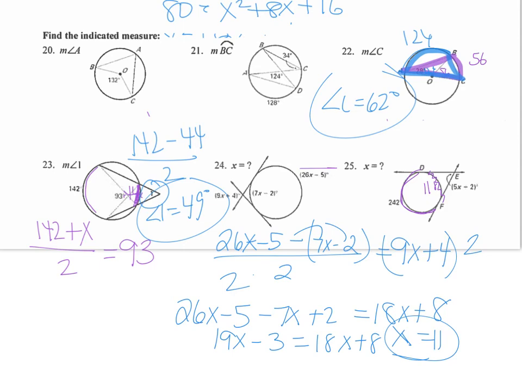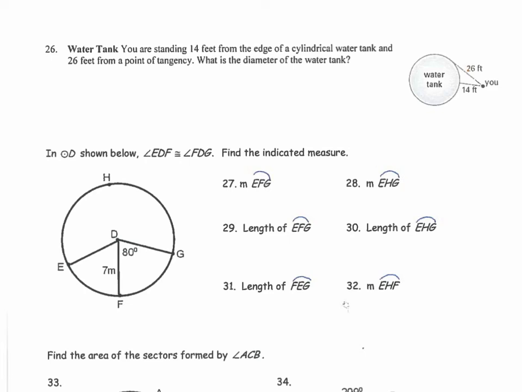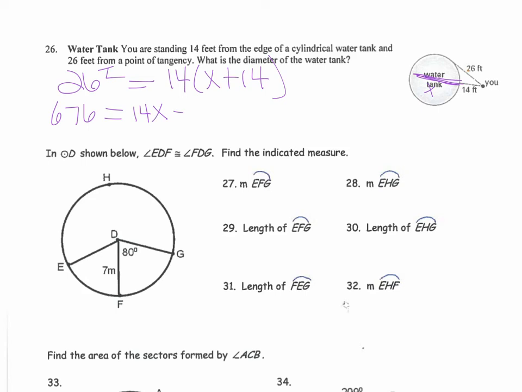Flip your paper. 26. You're standing 14 feet from the edge of a cylindrical tank and 26 feet from the point of tangent C. What's the diameter? I have a tangent secant. 26 squared equals outside times whole. 26 squared, 676 equals 14x plus 196.